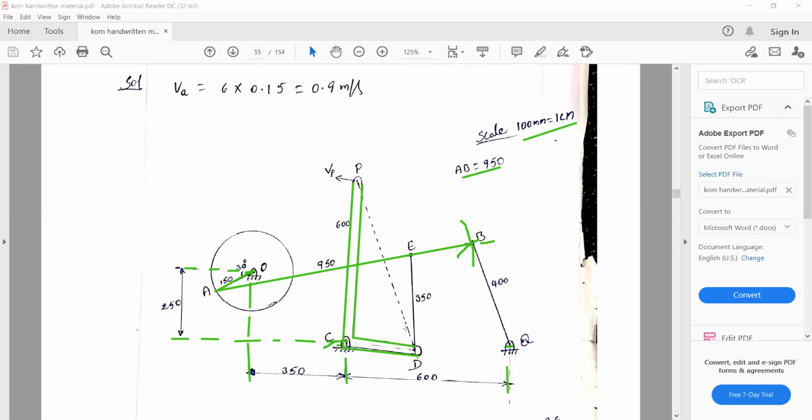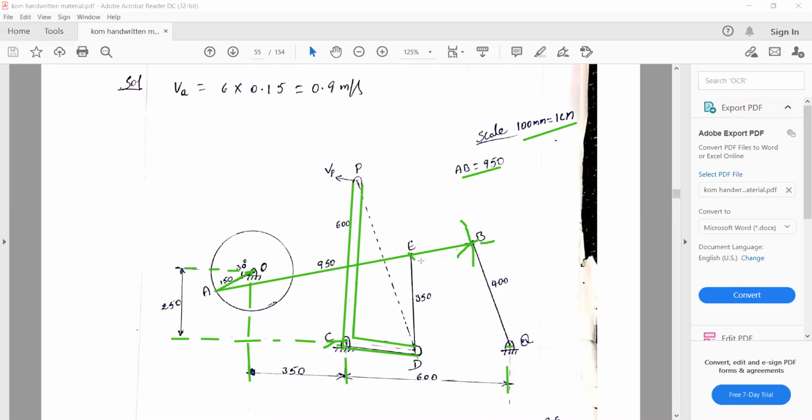Now 950 is there, and the gap between A and E is about 650, and the gap between E and B is 300. So EB is 3 centimeters in length, and you just have to identify the E position.